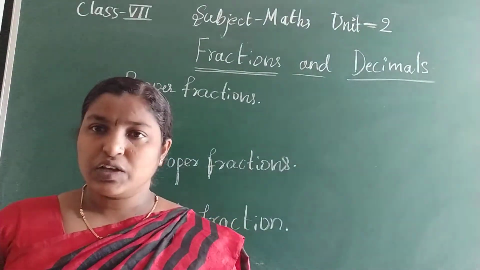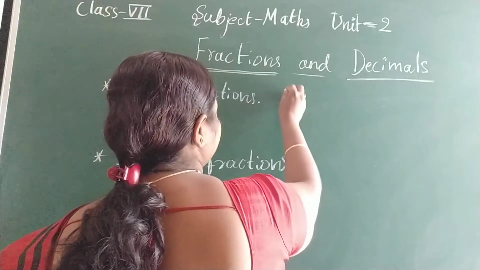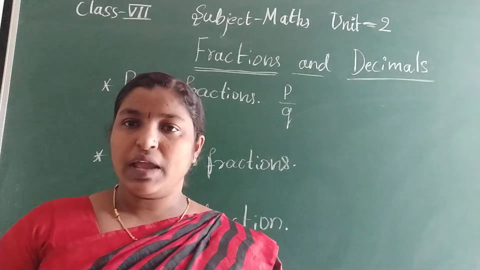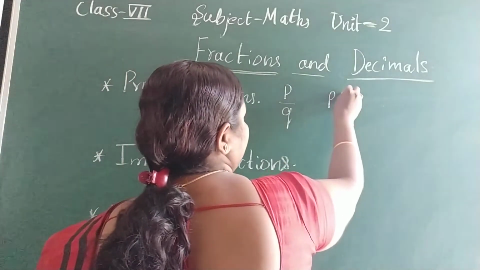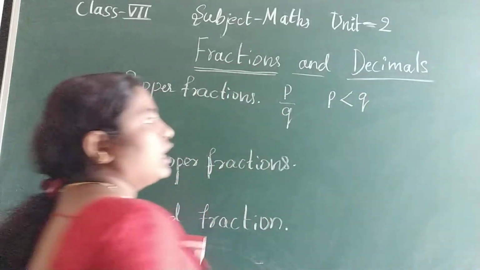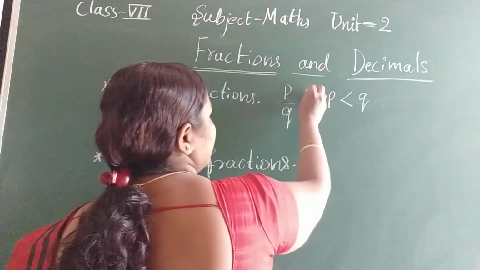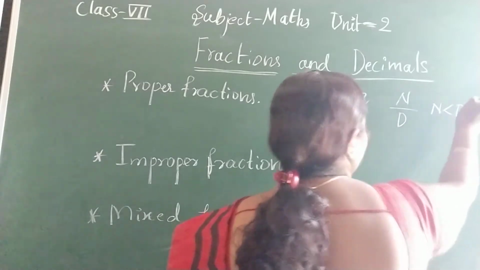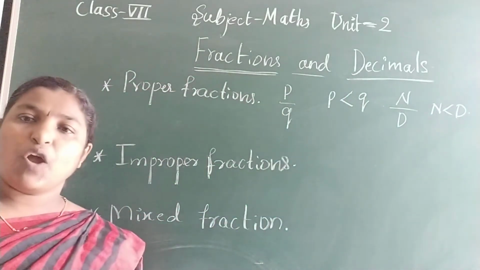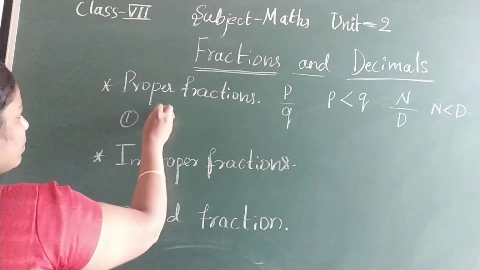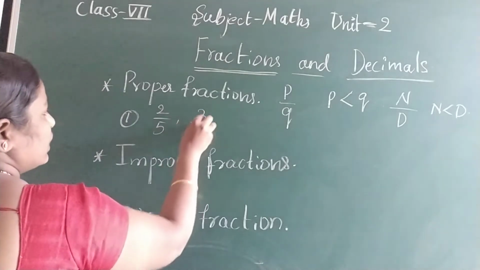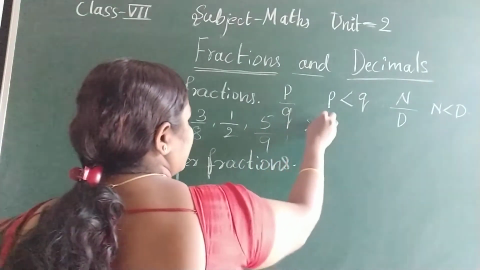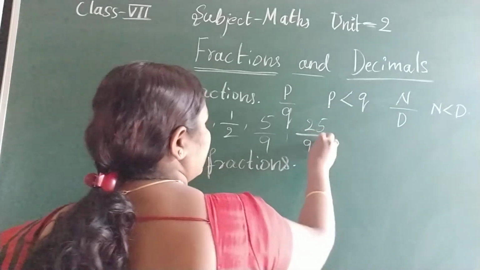What are proper fractions? I will take one general fraction, P by Q. If P is smaller than Q, that is, the numerator is smaller than the denominator, this is the numerator and this is the denominator, then it is known as a proper fraction. For example, 2 by 5, 3 by 8, 1 by 2, 5 by 9, 25 by 91.